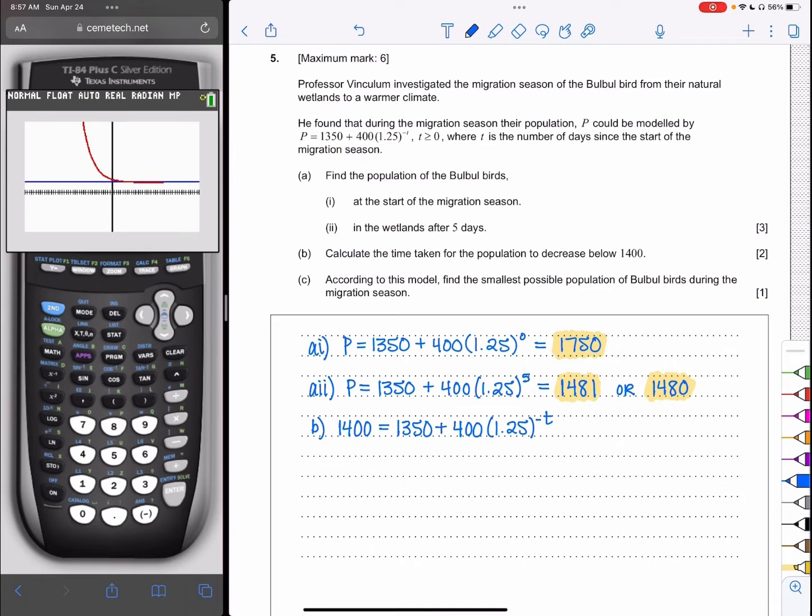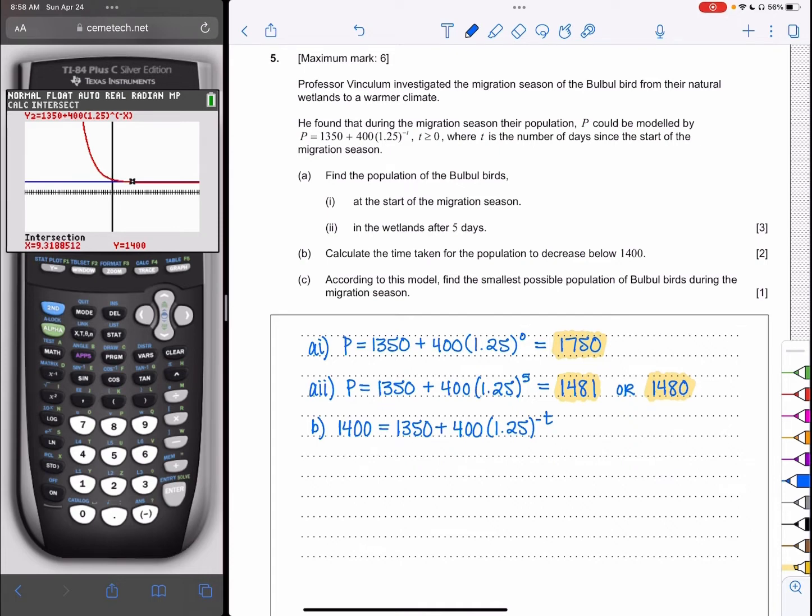So as you can see here, I see about how long it's going to take for that to start going below. So I'm going to press second trace, and I'm going to locate the intersection. I know that the intersection is somewhere right in here because I see where the colors are above and below each other. Once I find my intersection, this is what I get here.